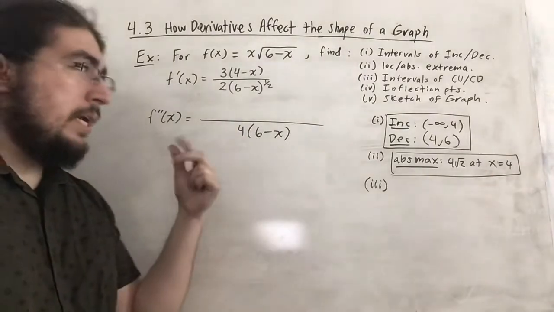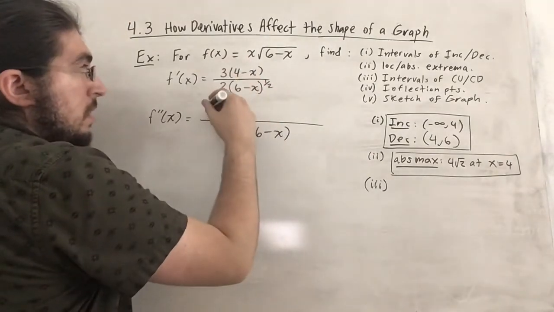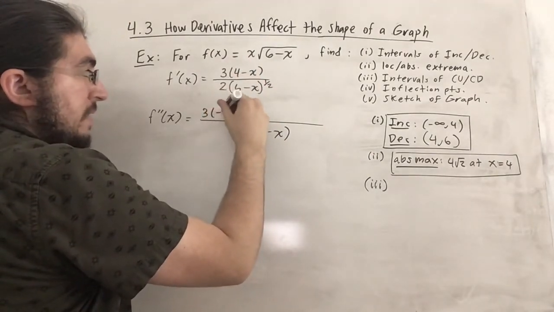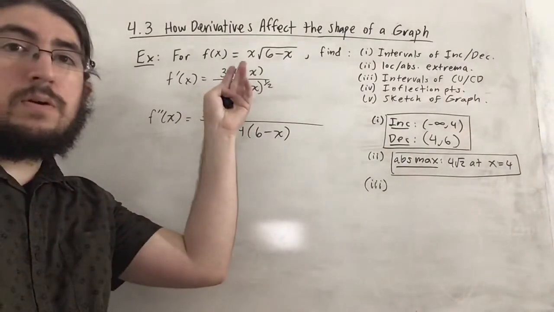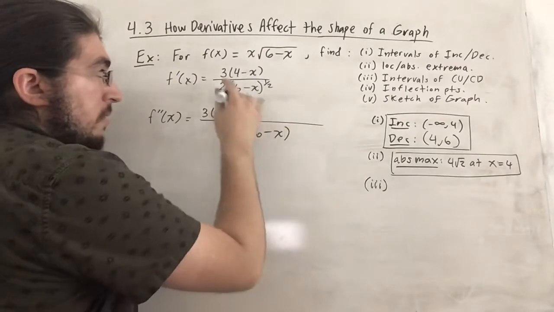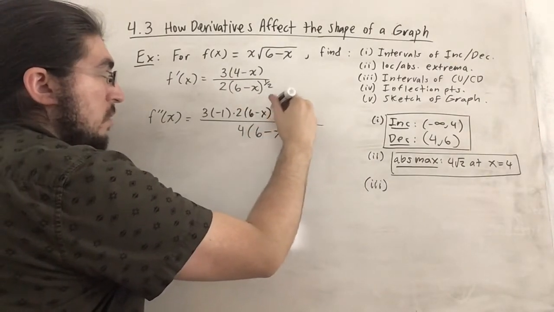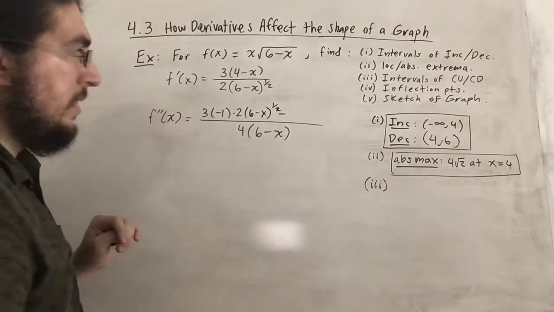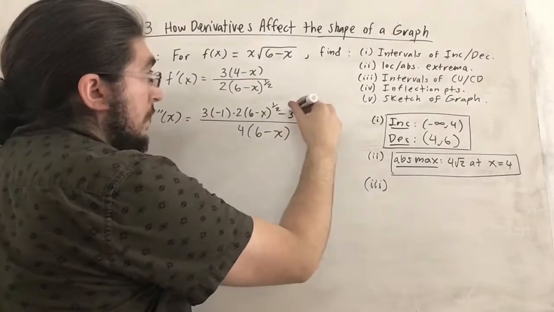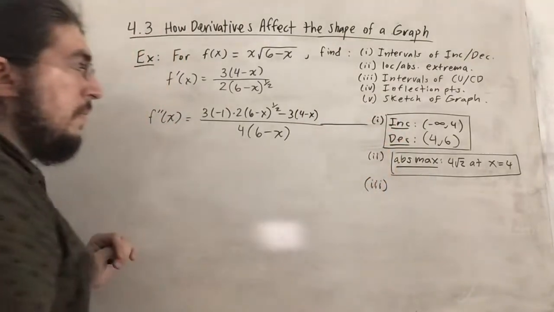Now, for the numerator of the quotient rule, we need the derivative of the top, which is 3 times -1, because the derivative of 4 minus x is 0 minus 1, times regular of the bottom, so that's 2 times 6 minus x to the 1/2. Hope we have space here. Minus regular of the top, 3 times 4 minus x, times derivative of the bottom.